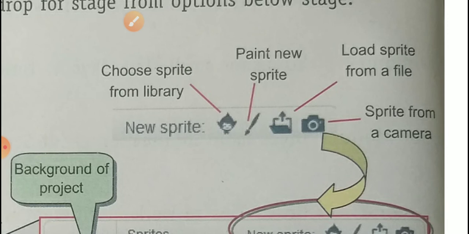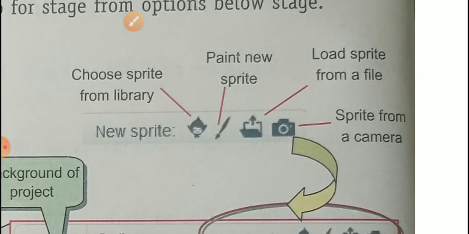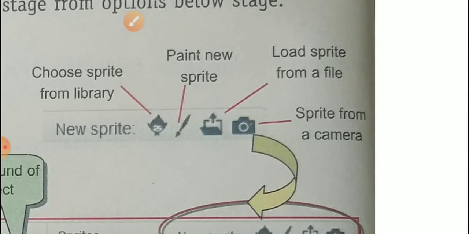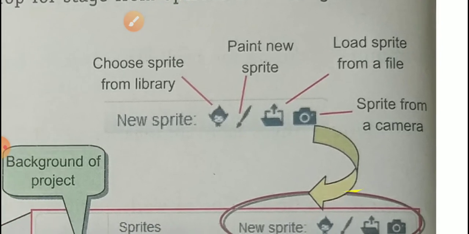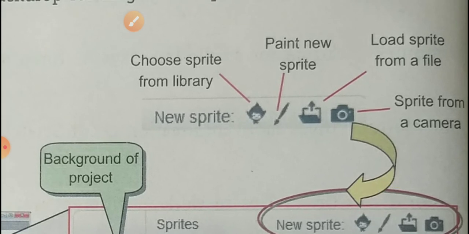Choose sprite from library, and here paint new sprite and load sprite from your file as well as sprite from your camera. So the default sprite or object is a cat, but if you want to place some other object on stage, you can choose it from library also, or else you can paint the new sprite.